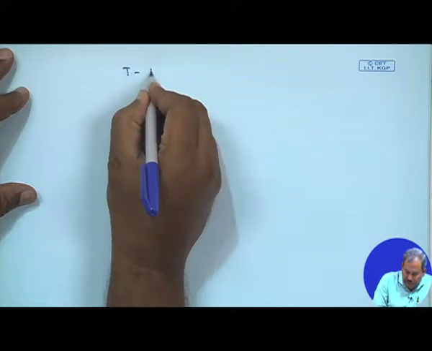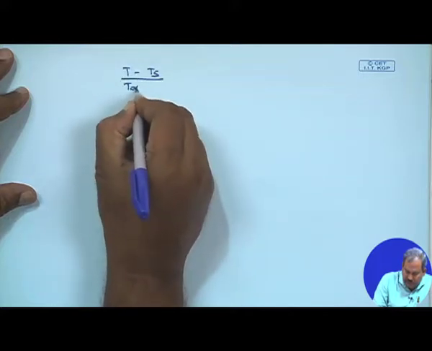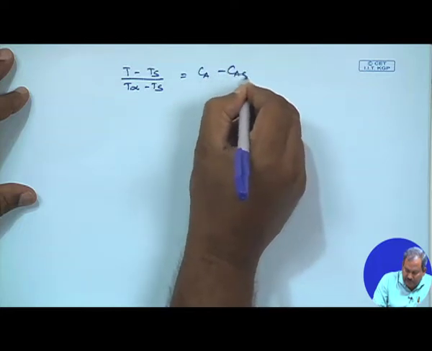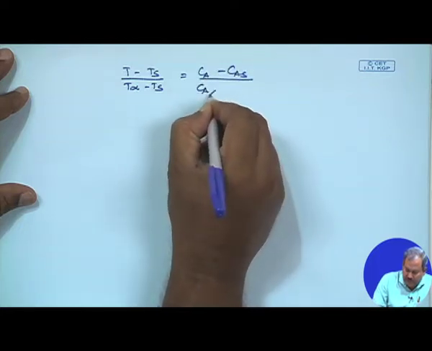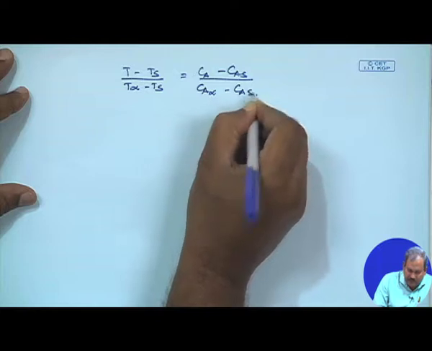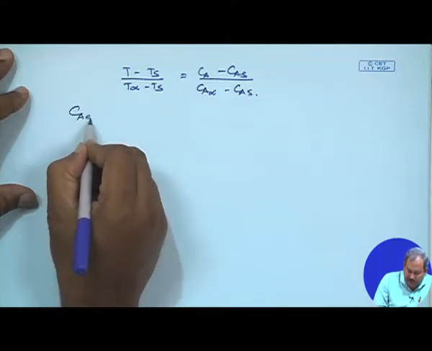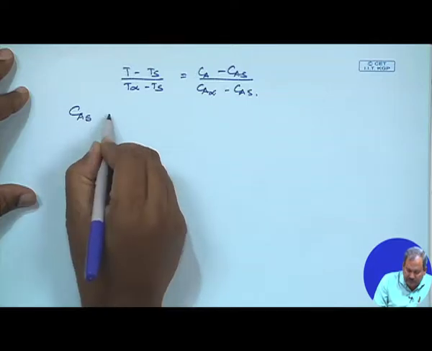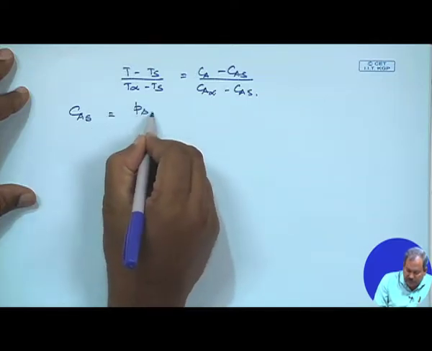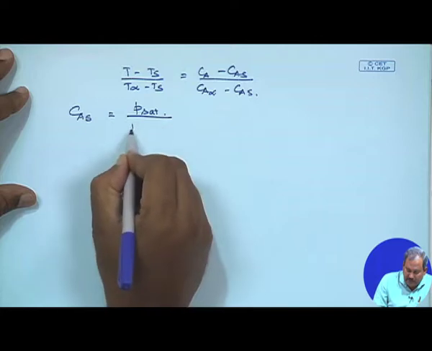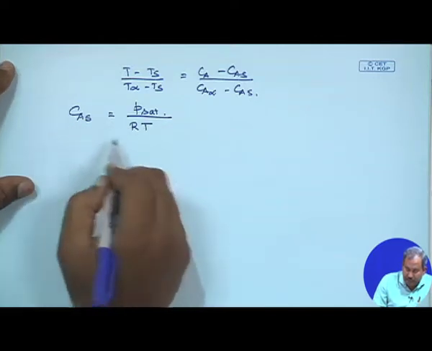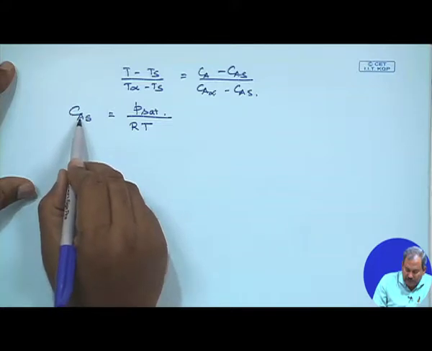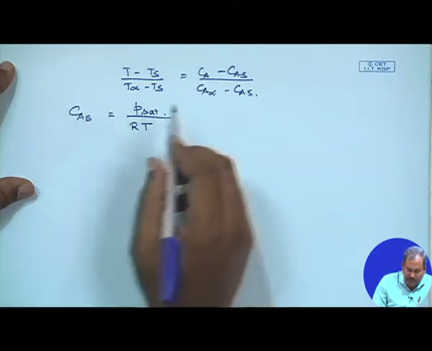So, T minus Ts by T infinity minus Ts equals CA minus CAs by CA infinity minus CAs. Now, I need to find out what is CAs, the concentration of species A at the solid surface, which should be equal to PA saturation divided by RT, using the ideal gas law. So, this CAs is the concentration of species A at the surface.